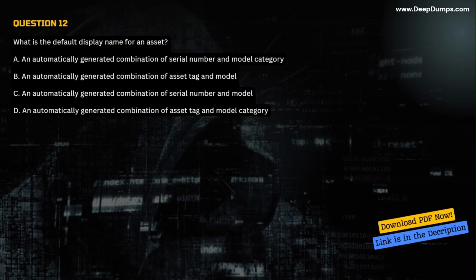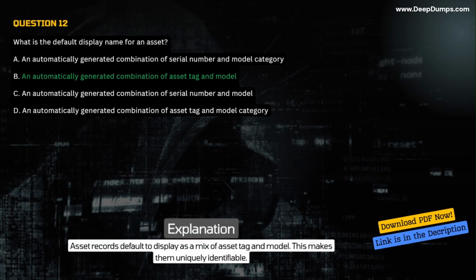D. An automatically generated combination of asset tag and model category. Correct answer B. An automatically generated combination of asset tag and model. Explanation. Asset records default to display as a mix of asset tag and model. This makes them uniquely identifiable.